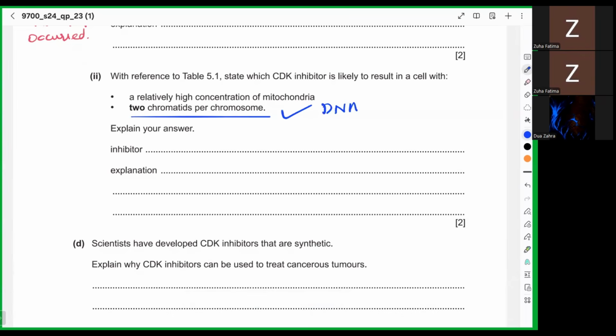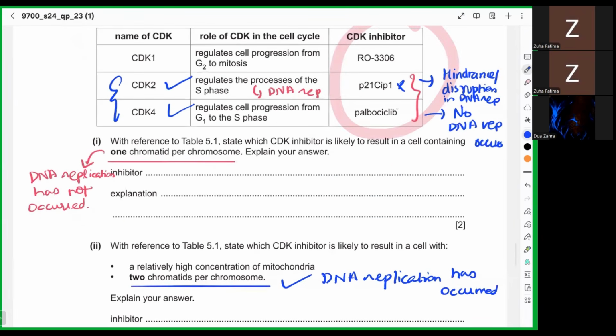Do we agree with this? DNA replication has occurred. तो हमारे पास DNA replication में कोई hindrance नहीं आई. इसका मतलब है कि ये P21 CIP1 और palbociclib inhibitors की वजह से तो नहीं हुआ, क्योंकि अगर P21 CIP1 होते या palbociclib होते तो हमारे पास 2 chromatids per chromosome present नहीं होता.